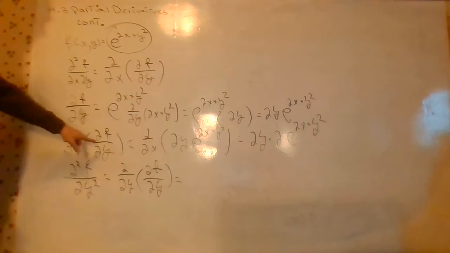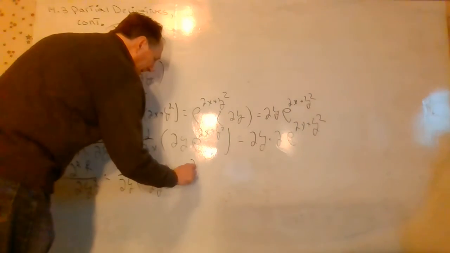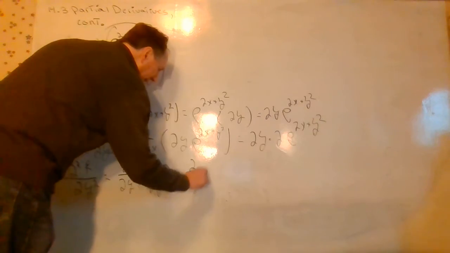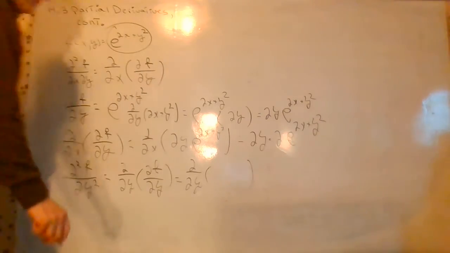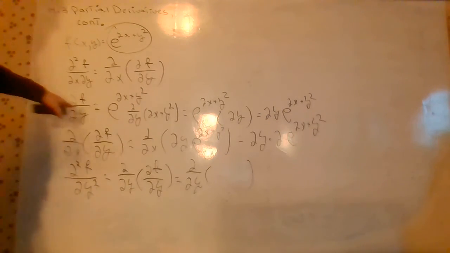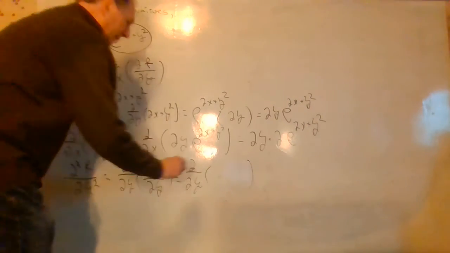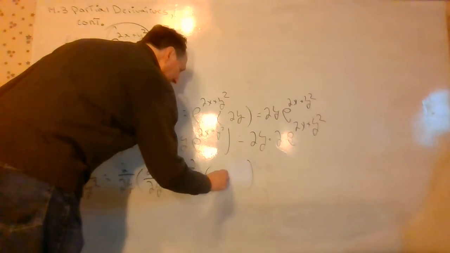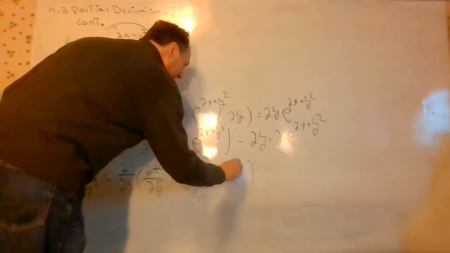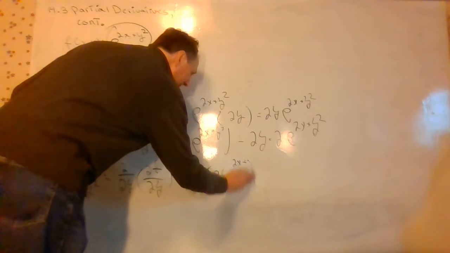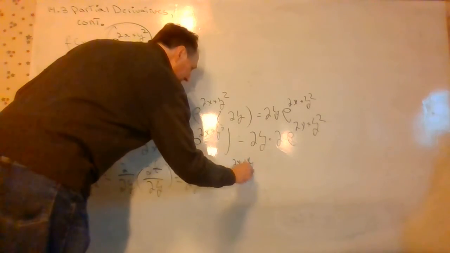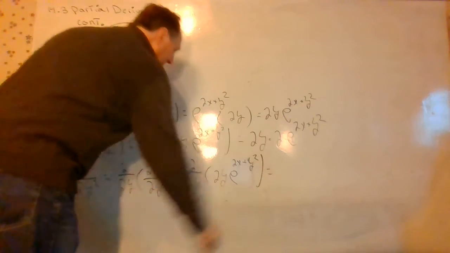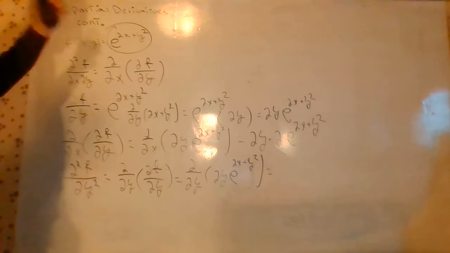Well, we already did the y partial, so now we need to do partial with respect to y of, let's see, our y partial is this right here, 2y e to the 2x plus y squared. And now it's not so simple.